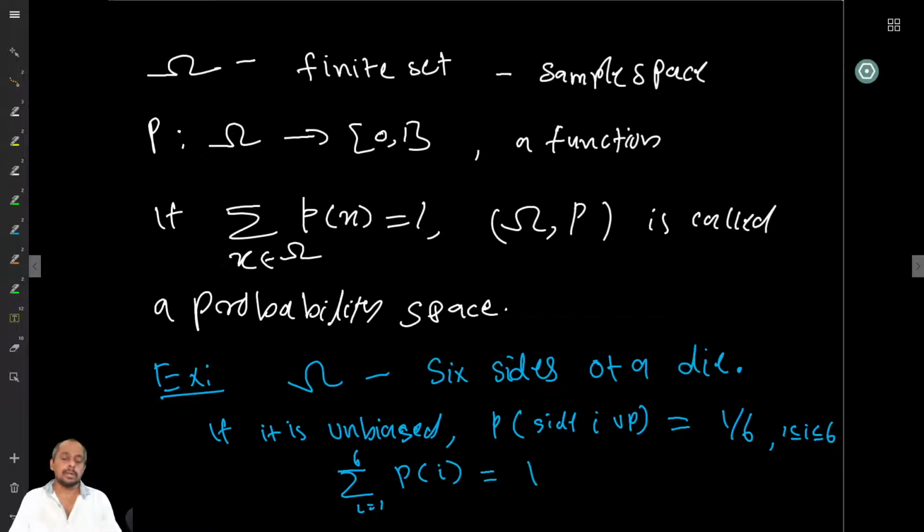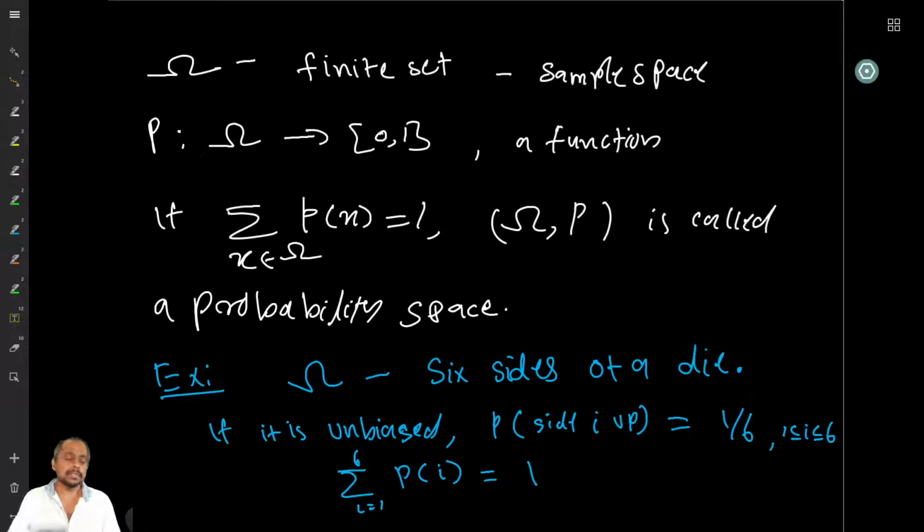So we look at a few notations. We use omega to denote the sample space, which is a finite set for the time being. Then we have a function p, usually denoted by small p, which takes elements of omega to the interval [0, 1].